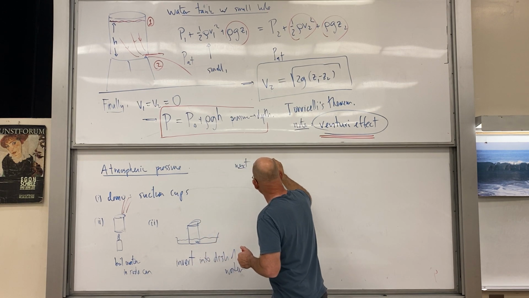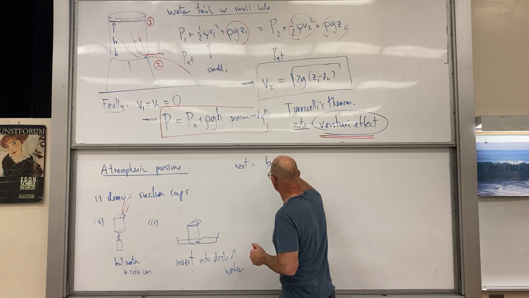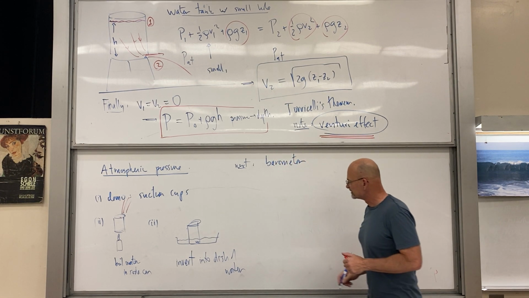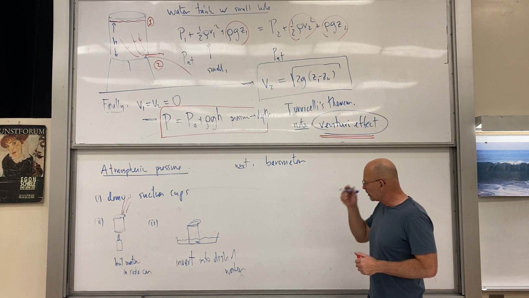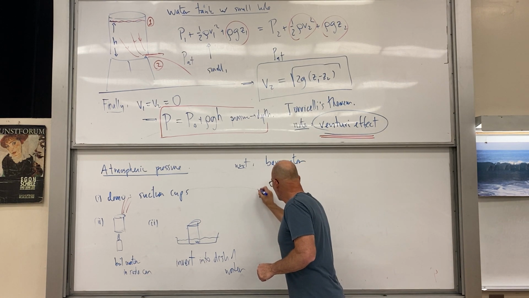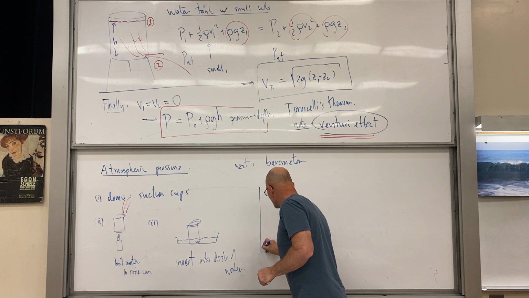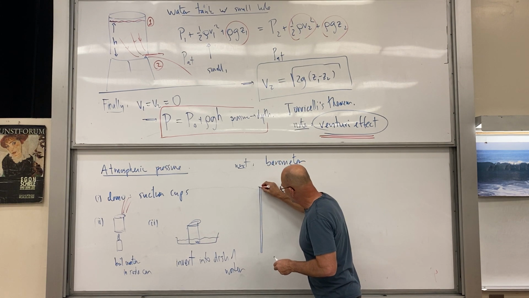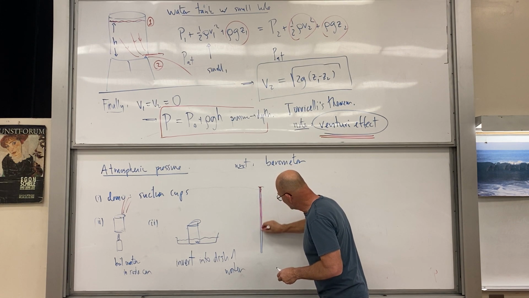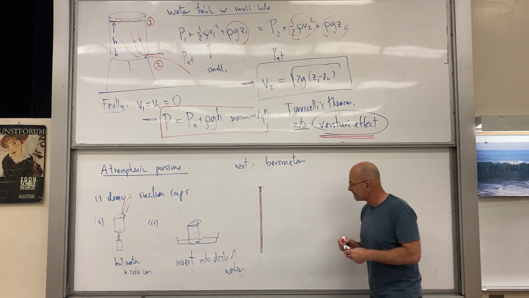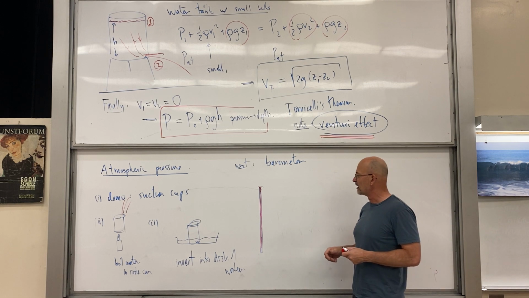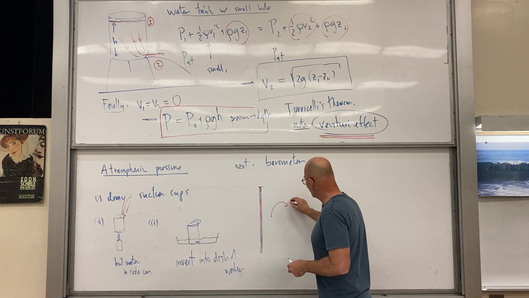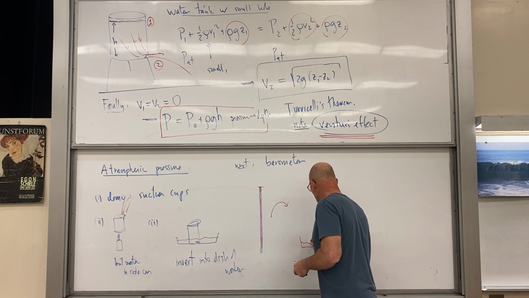Next, the barometric pressure, or atmospheric pressure, that's right, barometer. The demo there would be to have a long capillary, and it better be long enough, and you fill it all the way to the top with mercury, then you cap it with your thumb and invert it into a dish of mercury.